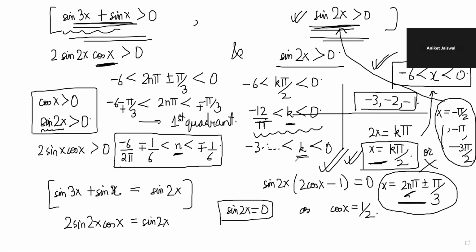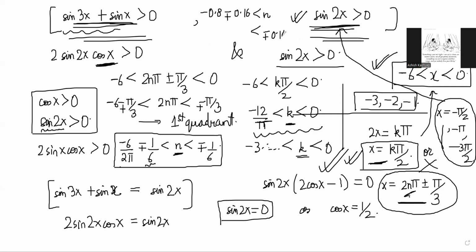Minus 6 by 2 pi is actually minus point something. It's not, 2 pi is bigger than 6. So it will be some minus 0.8 something, minus plus 0.16, 1 by 6 less than n less than minus plus 0.16.